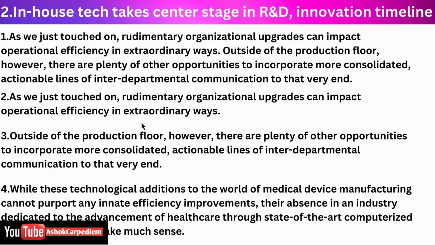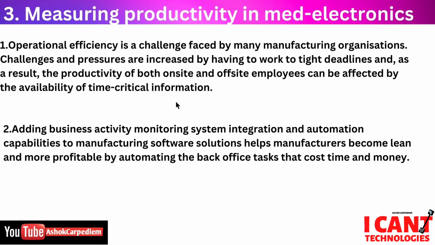The third one is measuring productivity in medical electronics. They should always measure how many products they are producing, how many they are going to sell, and if a product is already sold to a customer, what the feedback is. That is called measuring productivity.